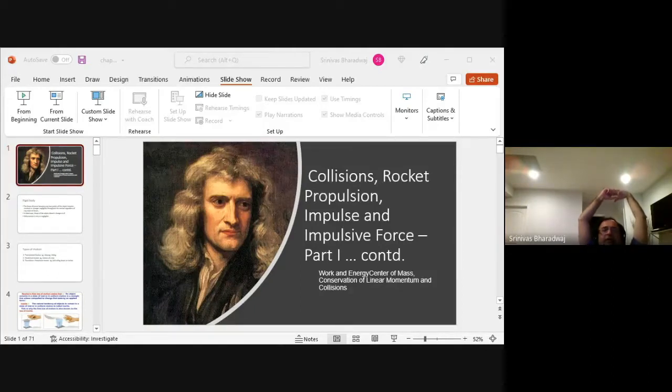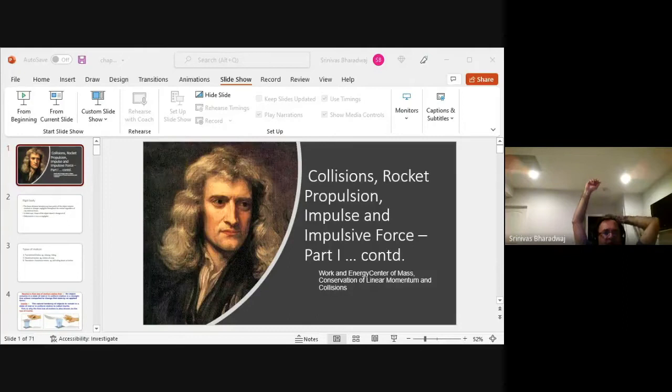The total mass is 14, right? So 140 is the initial momentum given by the impulse to the first one. The velocity of the center of mass will become 140 divided by 14, which is 10.